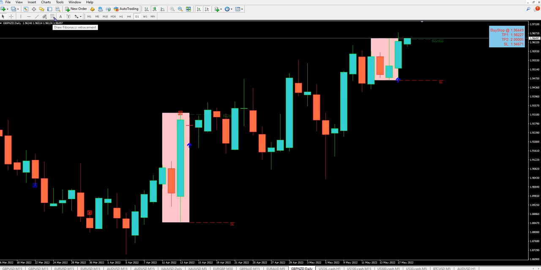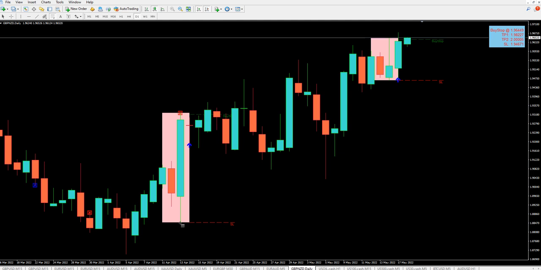Now, before I go too far, I also want to make note of how I like to look for these setups, maybe even limit orders. If I don't take the buy stop, with such a strong move up, it's now showing a bias that it wants to reach for higher prices.